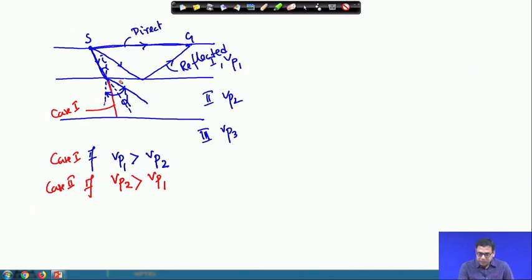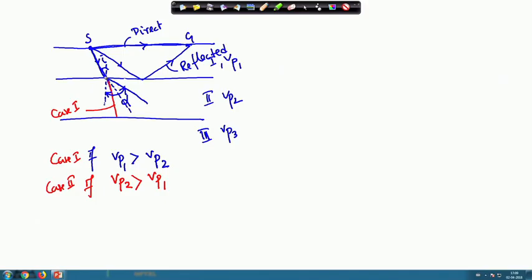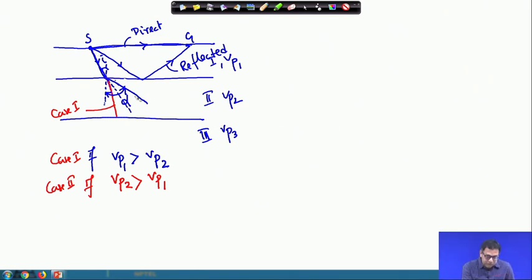Now, what does it mean? It means that we have to receive this refracted ray by this receiver. This is only possible if these refracted rays follow this blue path, because if they follow the red path, then they will never reach the surface.